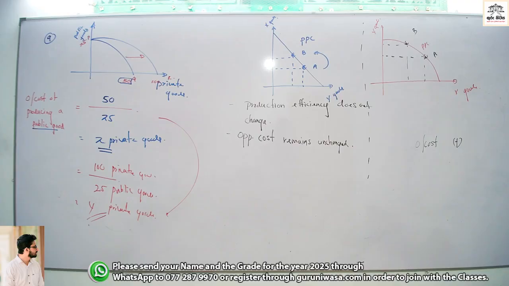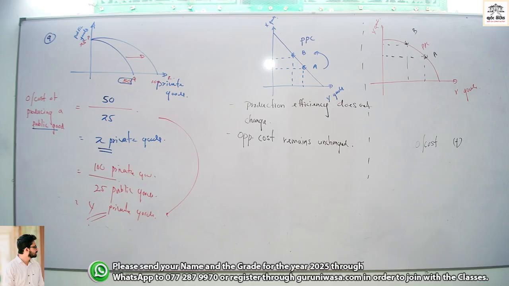Don't think my answer is wrong, this is not a big thing. If a calculation like this comes, learn how to calculate opportunity cost as well. The opportunity cost of producing a public good increases from 2 to 4 because now the economy has to sacrifice more private goods than before.